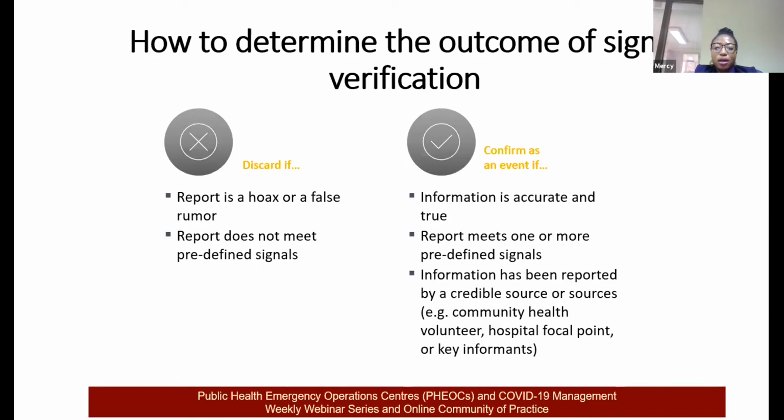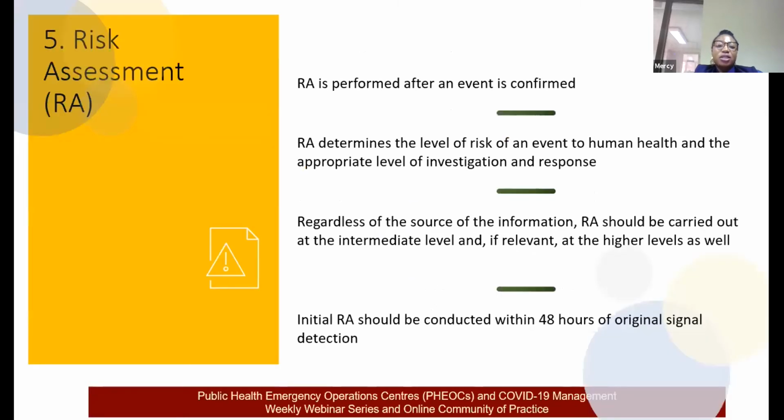Next slide. Risk assessment is done only for events. Once your signal is confirmed as an event, or is translated to an event, now the risk assessment comes in. And regardless of the source of information, risk assessment should be carried out at the intermediate level, because those are the people who actually have more details regarding the event.